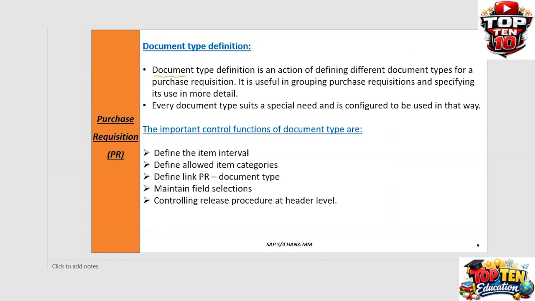The purchasing document type is the controlling key, which controls, number first, item categories. And I hope everyone is aware about item categories now. Number second, it controls number ranges. Number third, it controls field selection key. I will show you everything on the HANA server, so don't worry, I am taking you there.